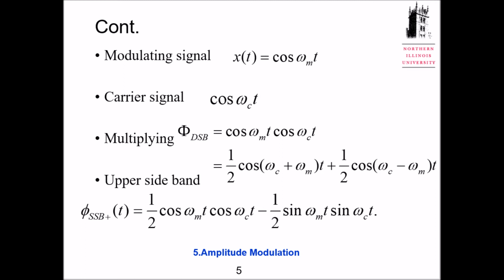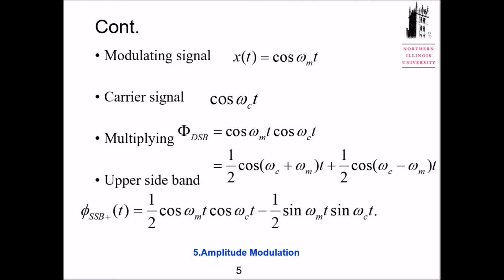Here we use the equation in the table. And when we look at this one, we can see we have a 90 degree phase shift, both for message and carrier. So this is what happened for my upper sideband.